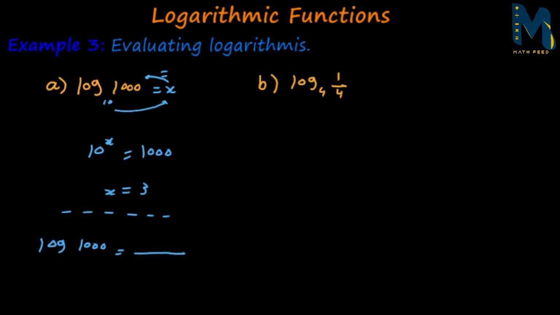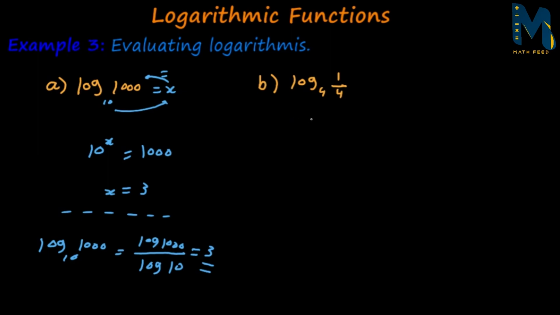We write log 1000 divided by log 10, because we have base 10 here. So log 1000 divided by log 10, by a calculator, equals 3. So the result is 3.